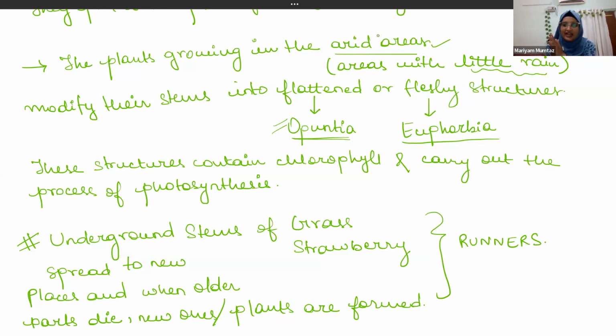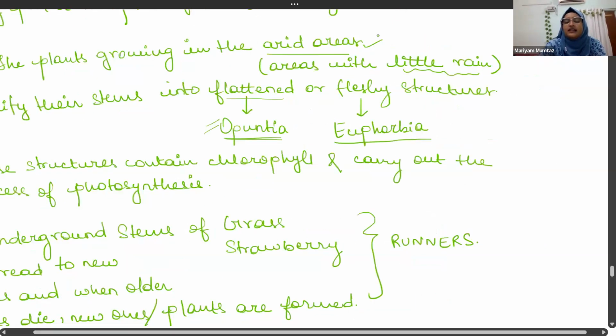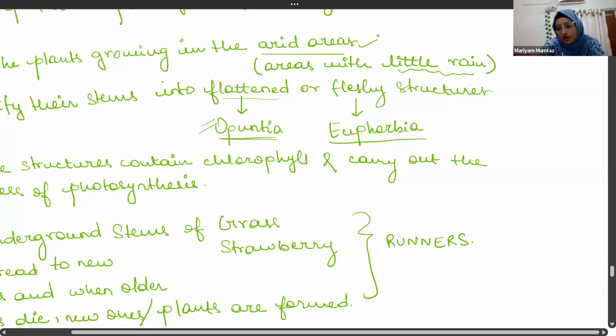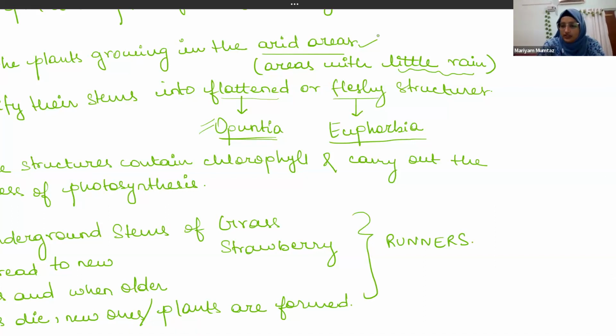It is a very flat-like structure. So in Opuntia, the structure of the stem is flat. Then there is another plant known as Euphorbia. In that, the structure of the stem is fleshy, fleshy meaning thicker.